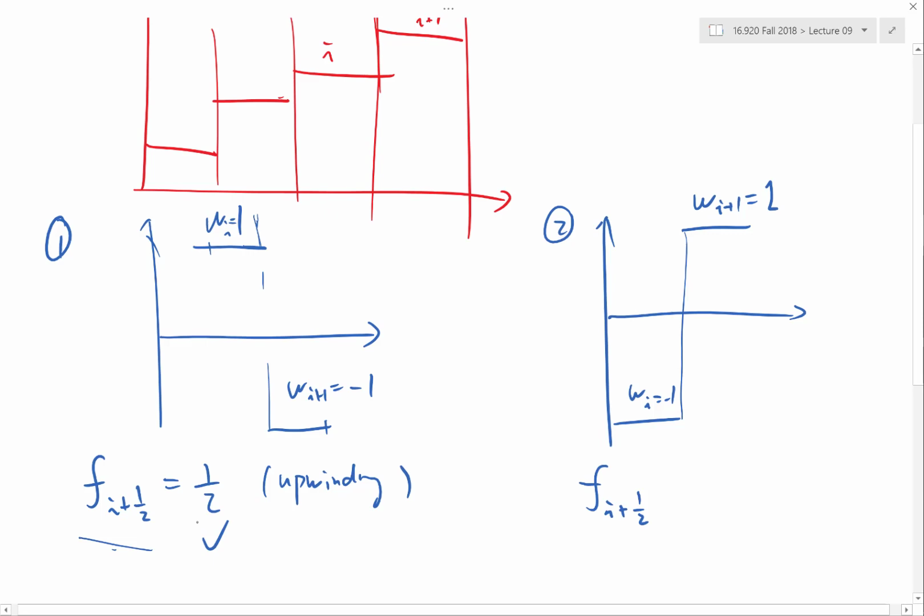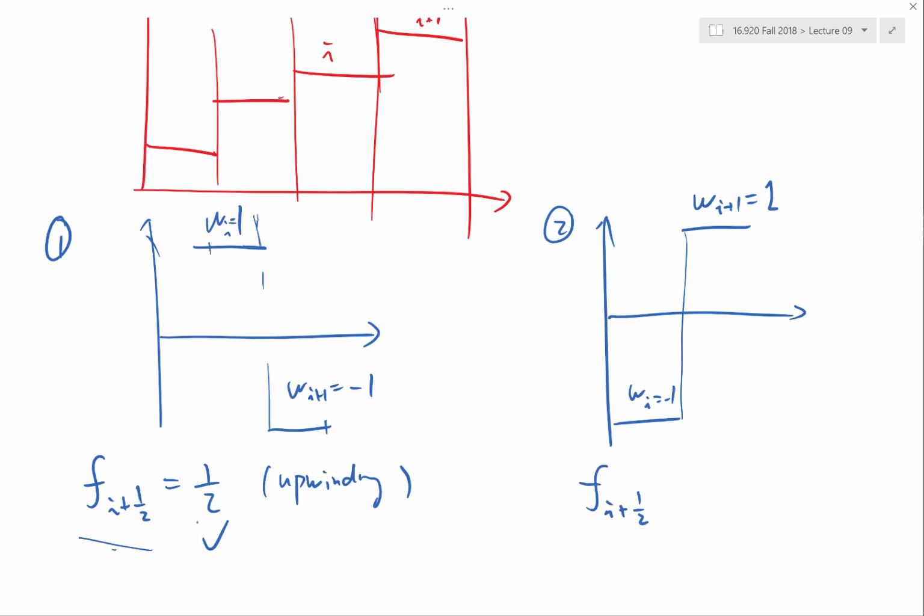Okay, case 2. What should the flux be? Should it also be half? I think the entropy condition we just discussed applies. If the flux is 1/2, it would just stay there, just like the case 1 solution.